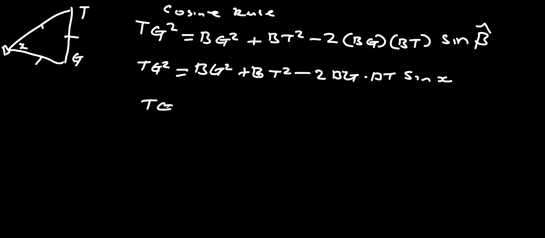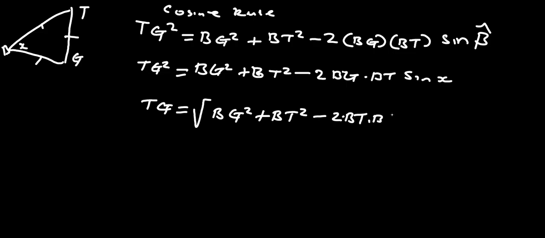So it's going to be TG, and then remember it's going to be the square root of BG squared plus BT squared, and then minus 2 of the BT, and then the BG, and then sine X, that way. So this is how you can express that.